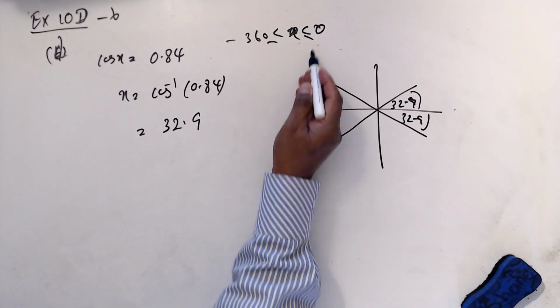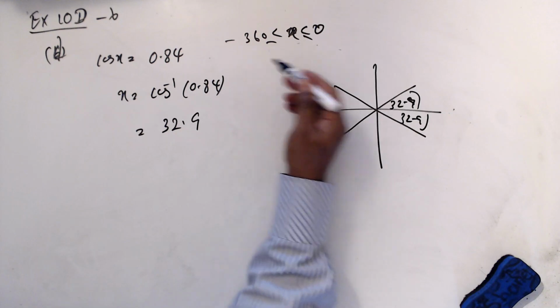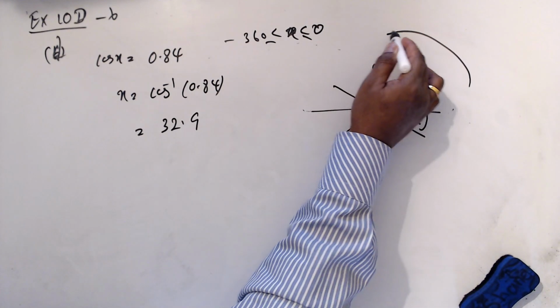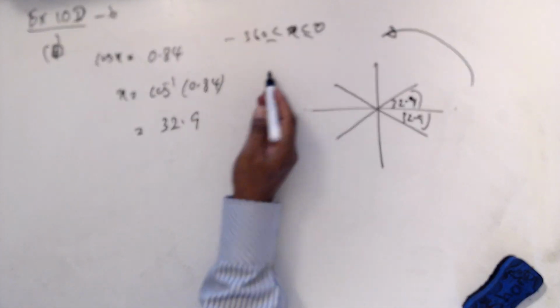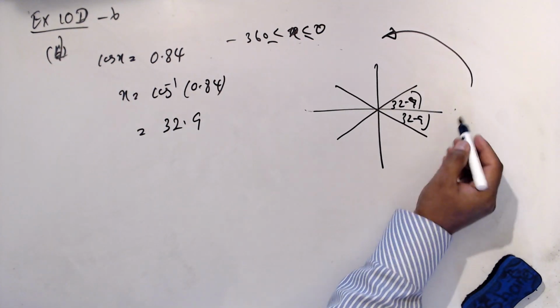Now when we look at this one, there's no point of measuring from the positive side because we need all negative. So we'll start negative.